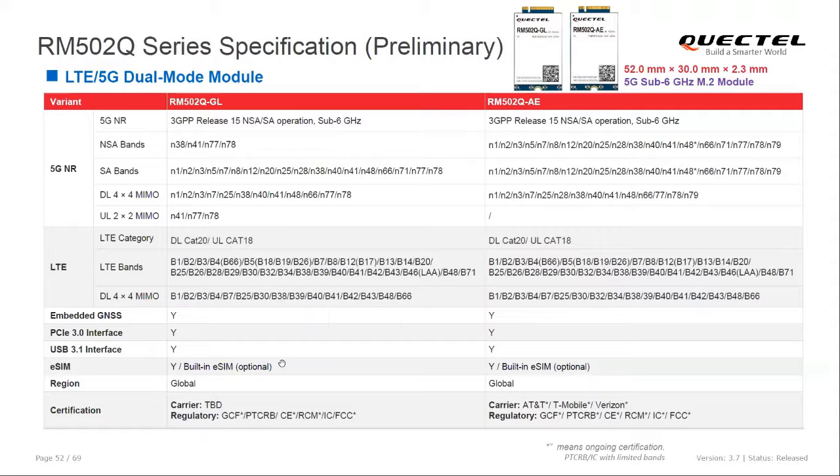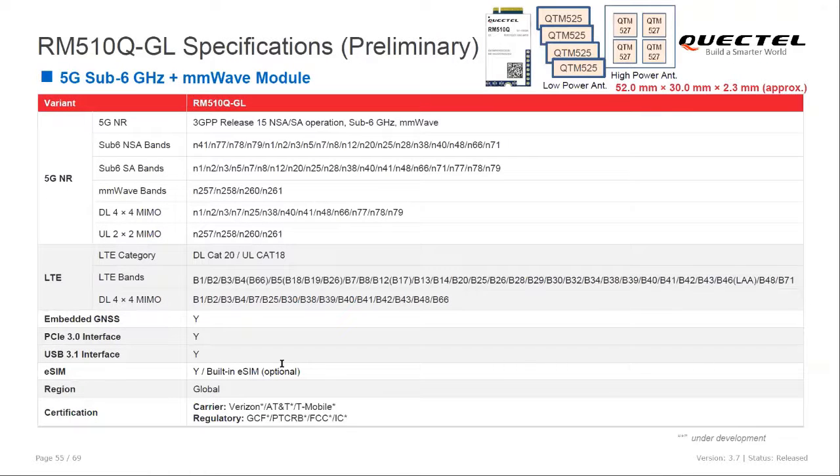This means you have reserved space for an eSIM, but which one will be used is optional and depends on the end user. And the RM510 is a module that also supports millimeter wave. So you can see here the frequencies for millimeter wave bands. Category for download is 20, for upload 18. All the other specifications are similar to the others.